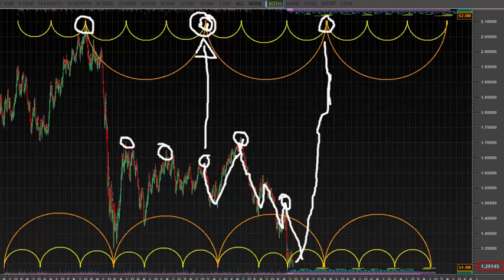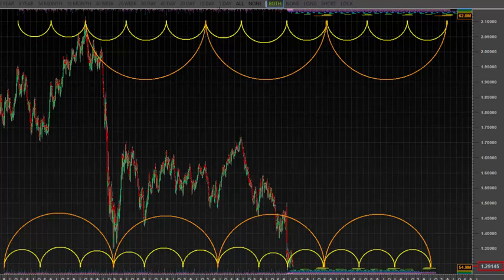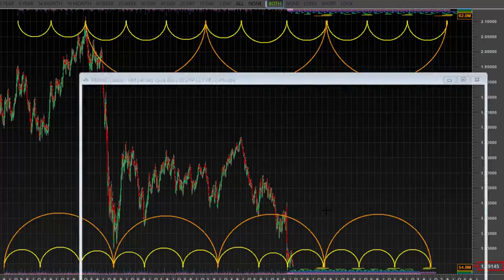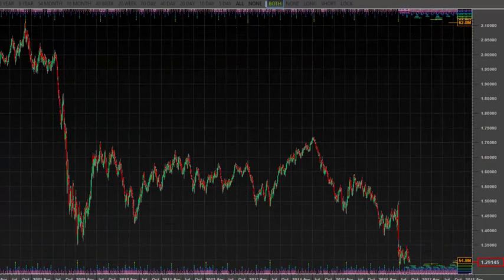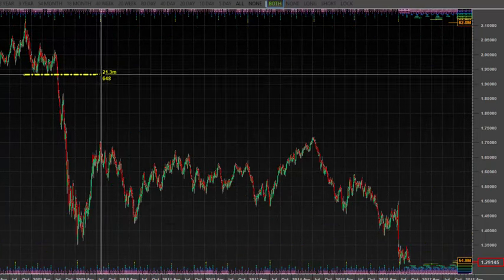But I thought it would be interesting to have a look at the peaks that have formed here and just measure the distances between them. So let's zoom in here and see. Let's turn off these semicircles. In terms of measuring the peaks, I like to just measure like that.